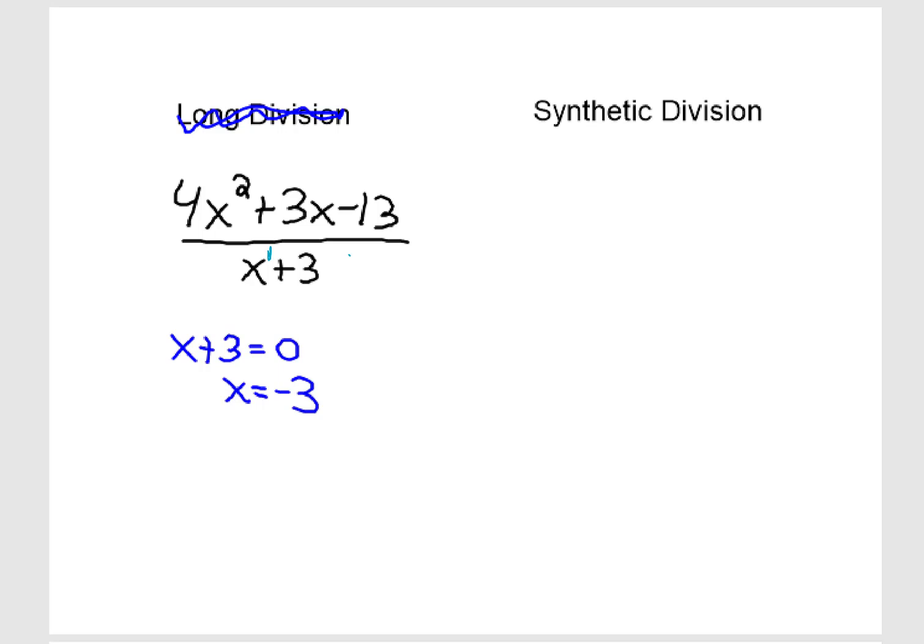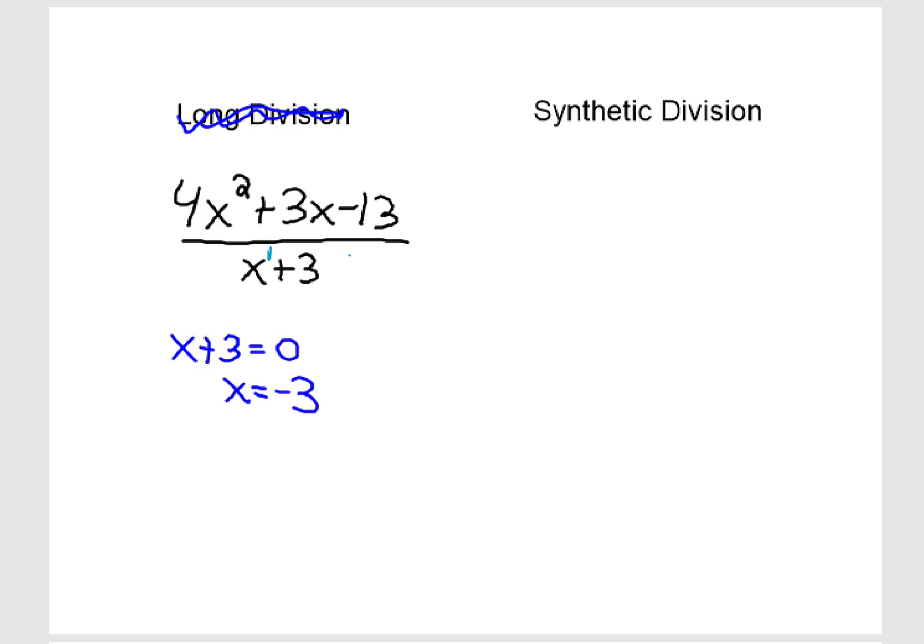When we don't see a value there, we understand it to be 1. If that was x squared, x cubed, anything else, then it would not be a linear factor, and we couldn't use synthetic division. But in this case it is, so we can proceed using synthetic division.